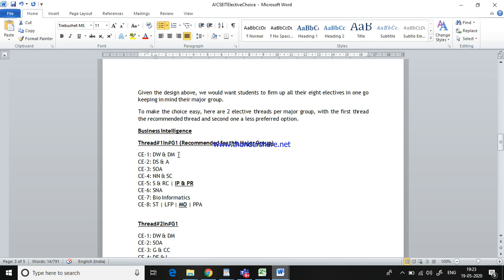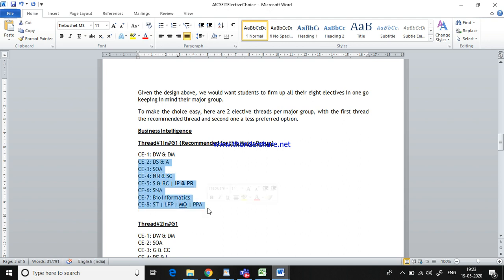For example, the student chooses data warehousing and data mining as his core elective 1. Then for the rest of his semesters, he would be continuing with these core electives.